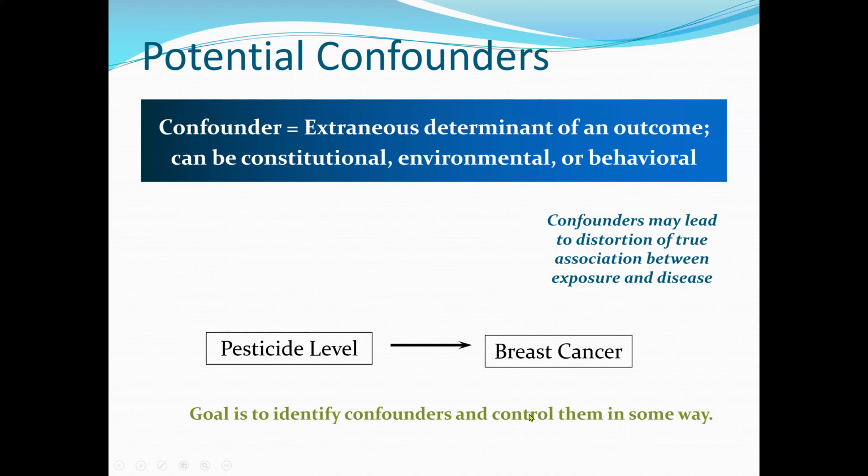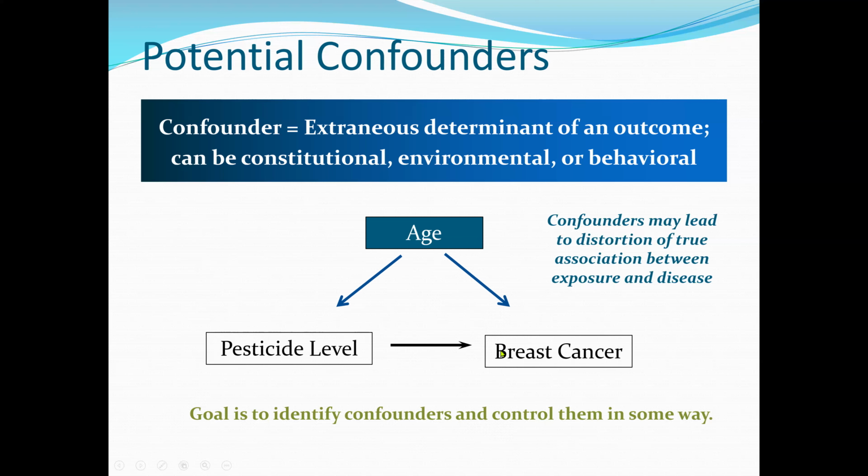And also, we have a term called residual confounding. A residual confounding variable means a variable that remains in a study when we're trying to minimize or remove the confounding. Still, we may have residual confounding. So this is an example given to us. We have a pesticide level that goes with breast cancer.